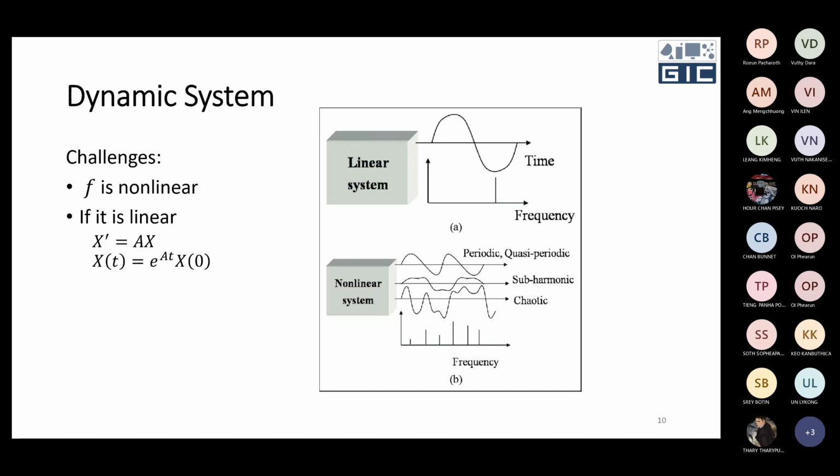So for example, I have two systems. You see, it's a kind of frequency over time. When we talk about a linear system, you can predict the upcoming or future point of the frequency or your signal. So it's kind of a periodic signal.